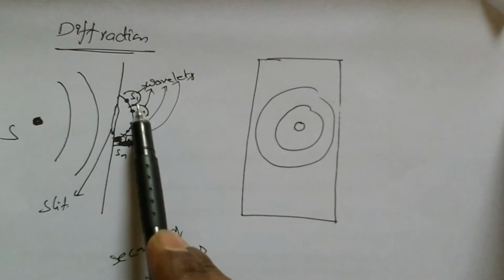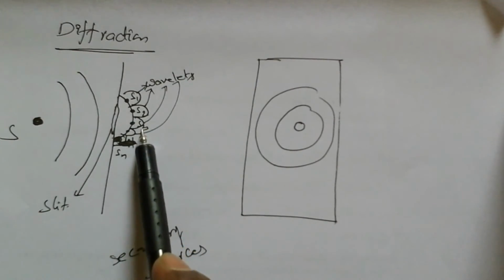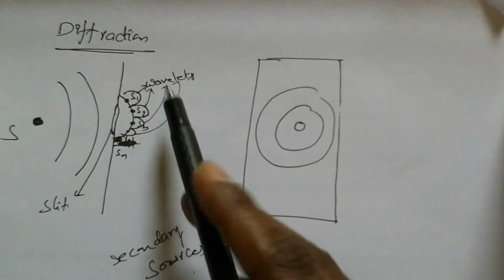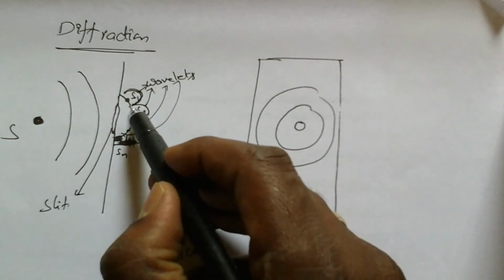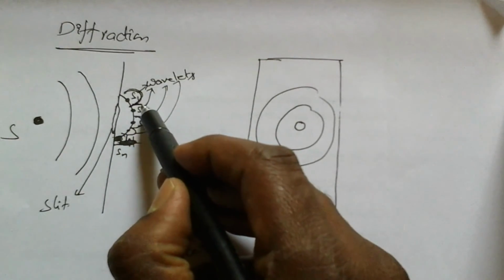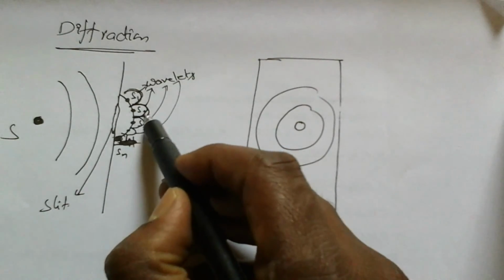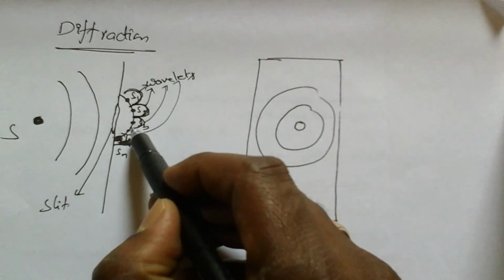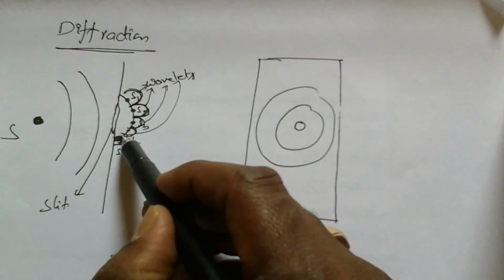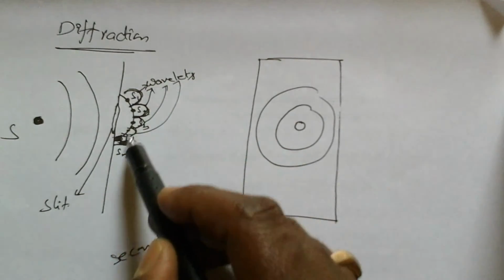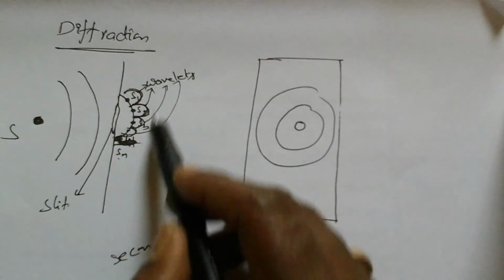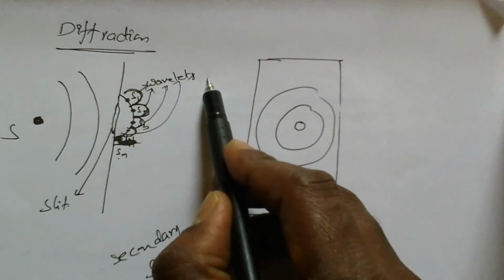These wavefronts emitted from the secondary sources, this secondary wavelet, this one, this one and this one, emitting from S1, S2, S3 and up to Sn, are all called wavelets.